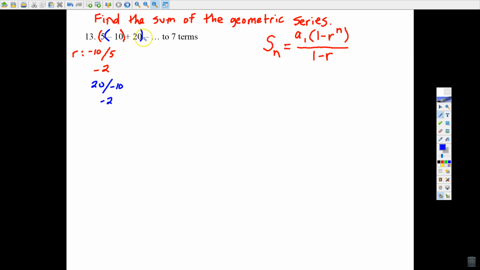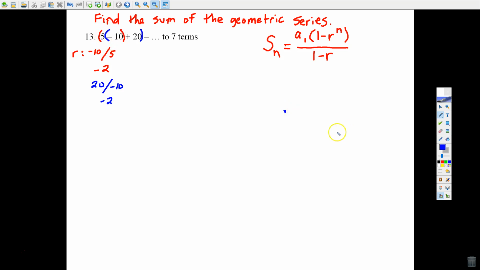If we do this division all the way through the series, we should get -2 every time. You can think of it this way: 5 times -2 is -10, and -10 times -2 is +20. So -2 is known as the common ratio. It is the number used to multiply these terms to get to the next term.